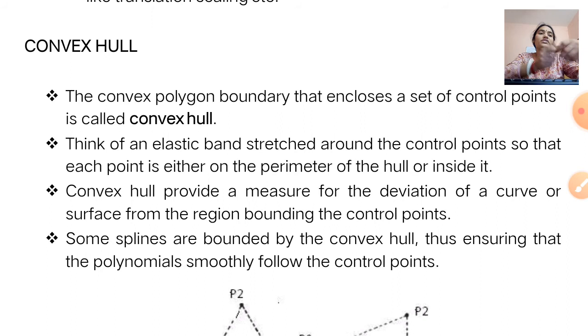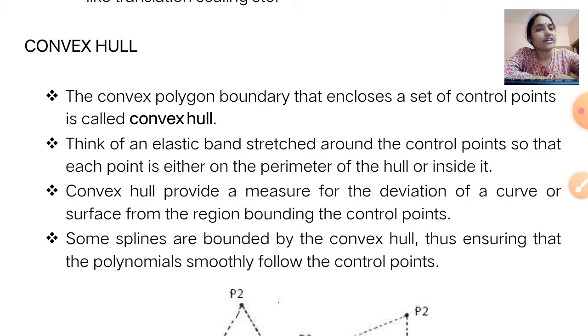That means when we stretch an elastic band, it expands around the control points. When we remove this, it goes back to the original position.